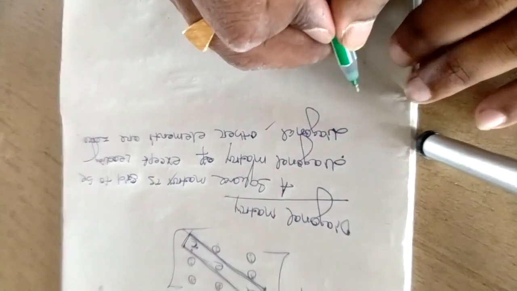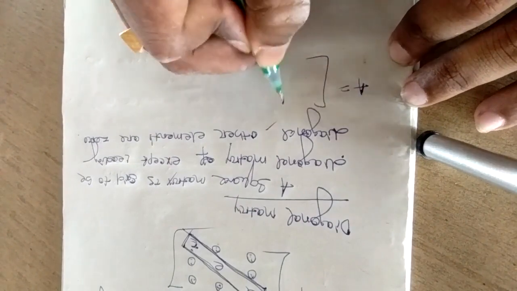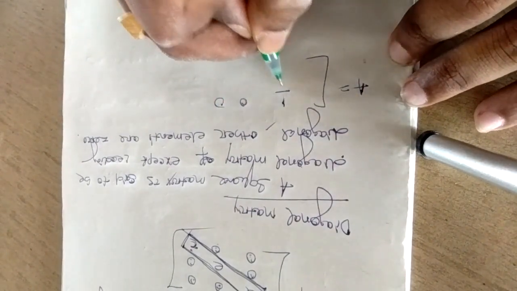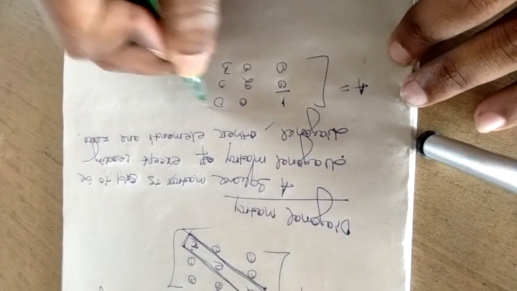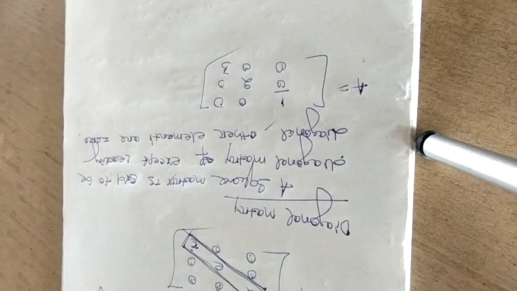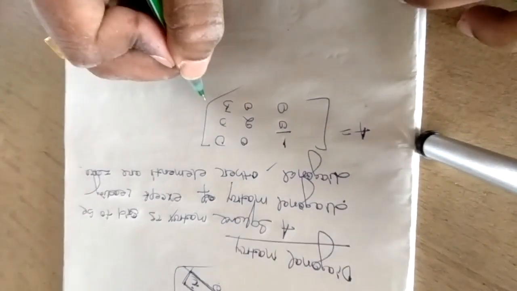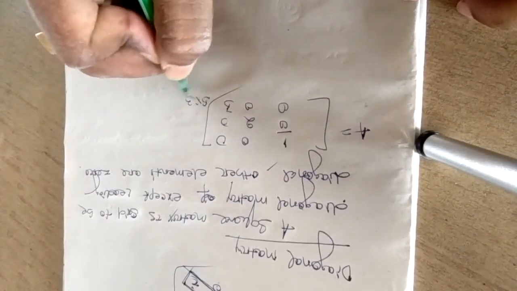That is, a matrix equal to 1 0 0 0 2 0 0 0 3. This is an example of a diagonal matrix of order 3 by 3.